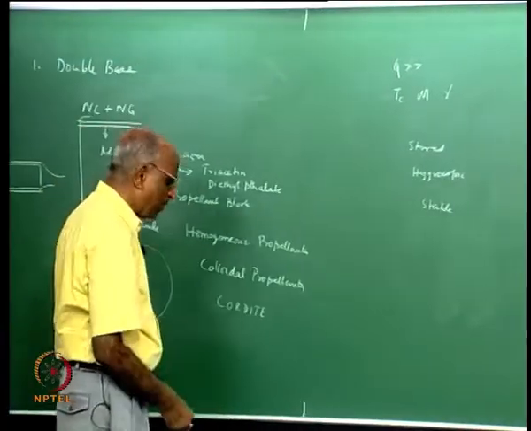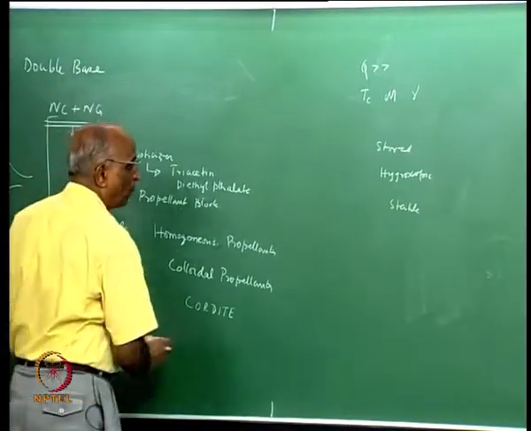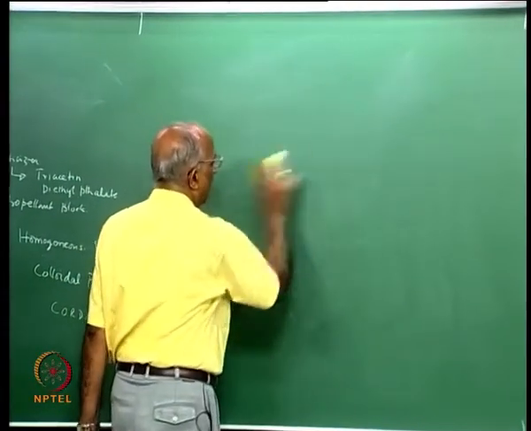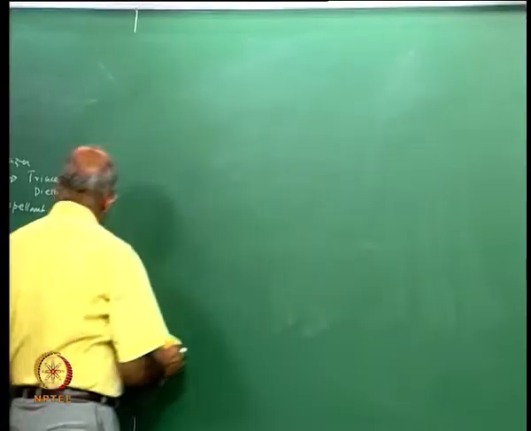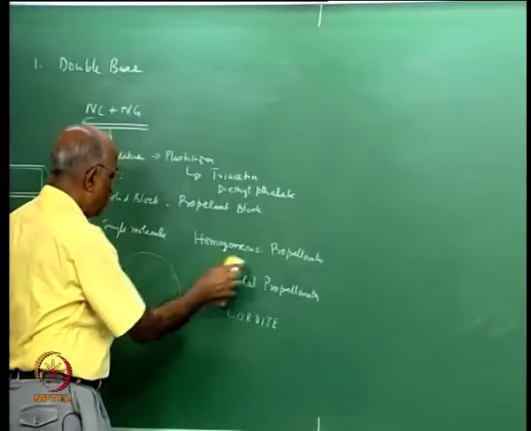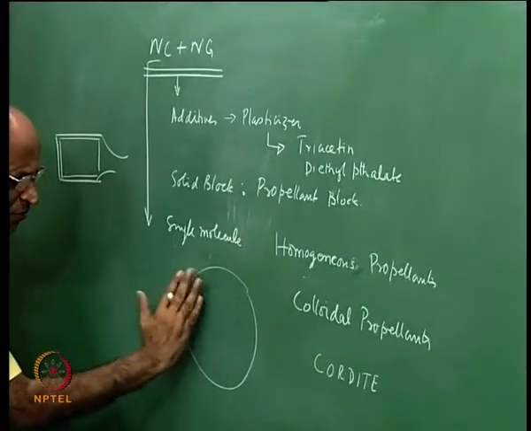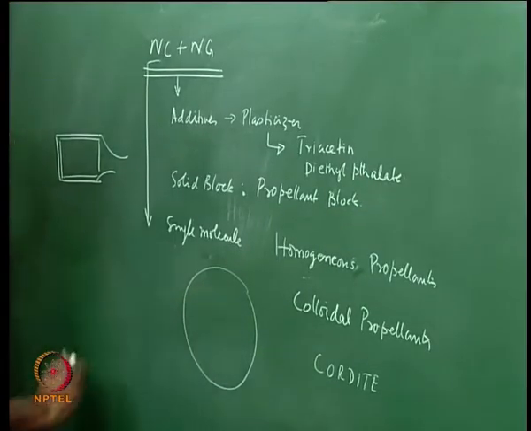There are only 4 types, and the second one, what I am going to tell you now, is something which is very widely used, and that unlike a homogeneous propellant. This is homogeneous, that means everywhere it is exactly the same. If I cut it, I cannot find different striations or anything.